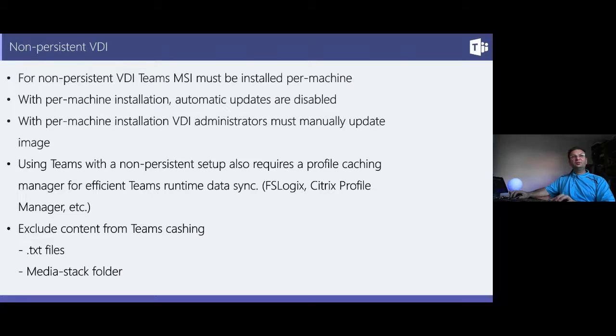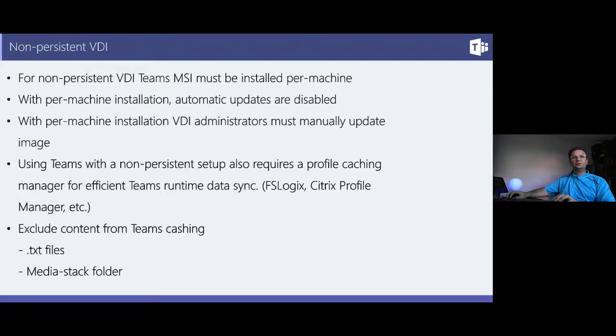For non-persistent VDI setup, we documented general best practices for performance optimizations for Teams in a VDI environment. In a non-persistent setup, users' local operating system changes are not retained after users log off. Such setups are common in shared multi-user sessions. For a non-persistent setup, the Teams desktop app must be installed in per machine mode to the golden image.